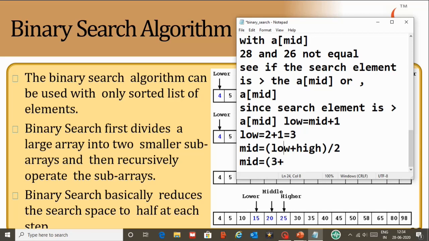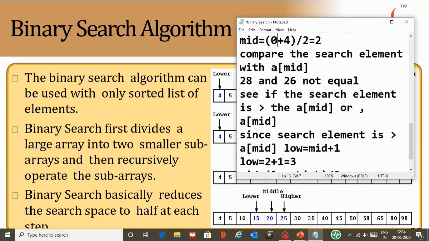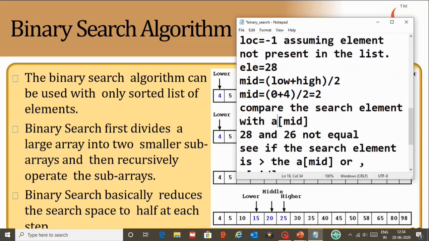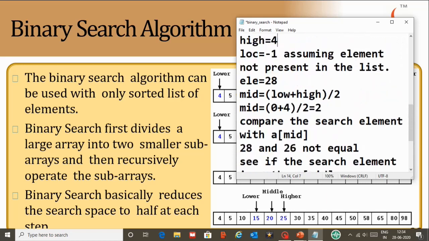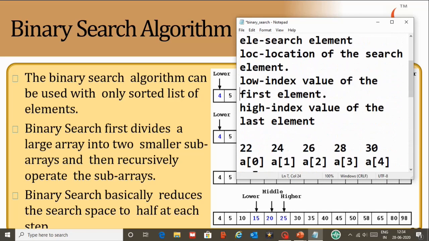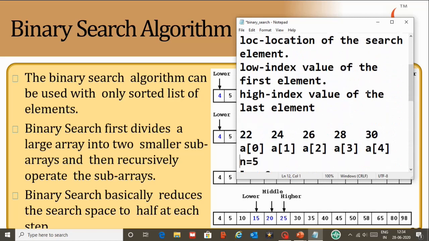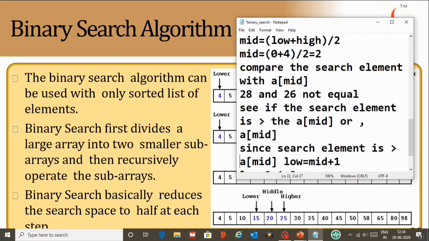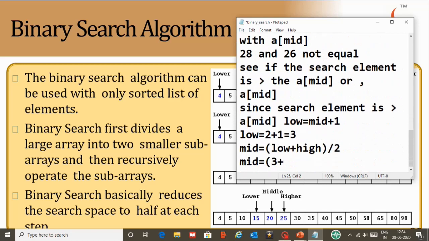High was 4, because I haven't changed the high value. If I have not changed the high value, it remains the same. See here, high is the index value of the last element. High is 4. You can see it here. I have not changed the high value. I changed only the low value. So it will remain as it is. That is 4.